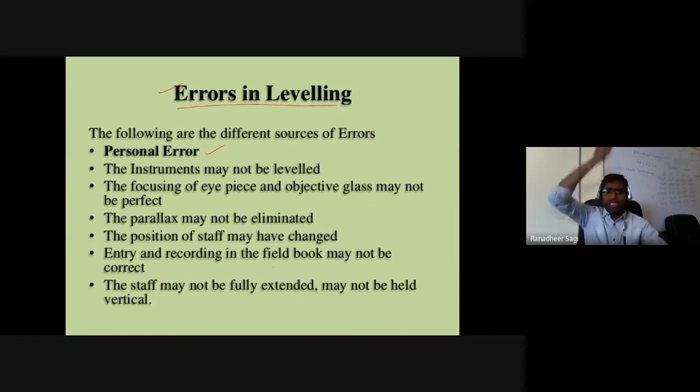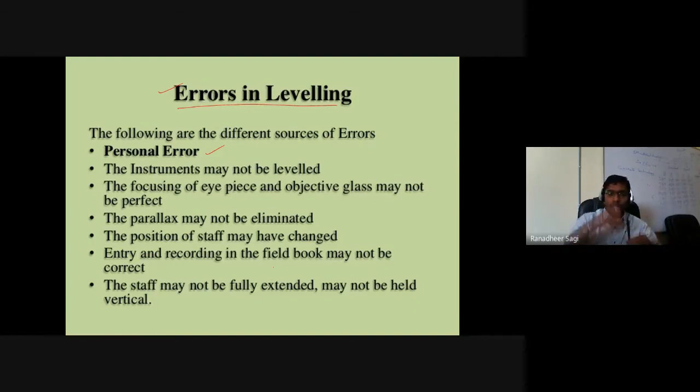When you are raising the leveling staff, piece by piece, you should be very careful. You should not pull the leveling staff from the top directly. If improper pulling is done, the top piece, which has higher readings indicated, will be sighted, and automatically the readings you take through that leveling staff are not correct.